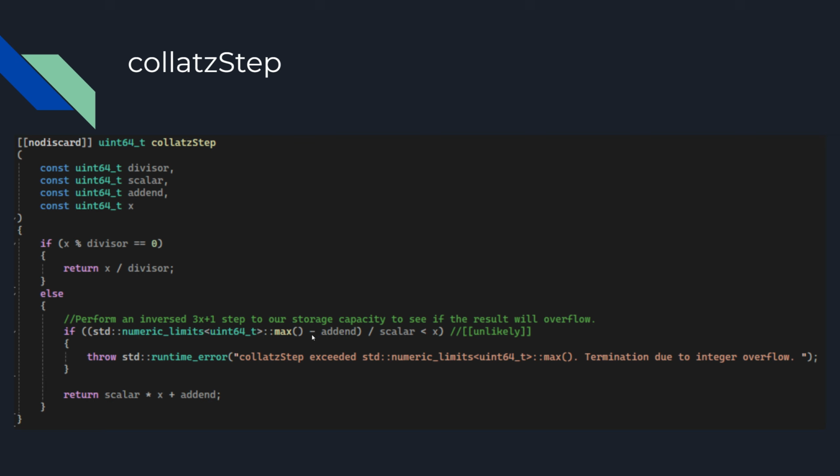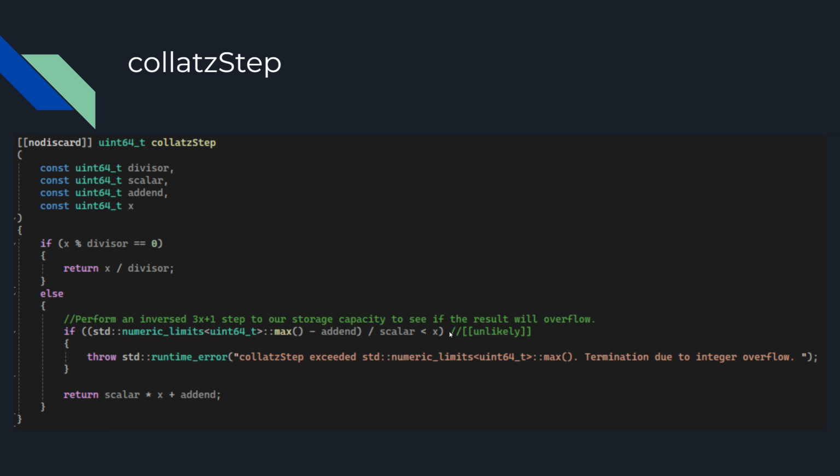So we subtract off 1 and then divide by 3 here, and then check if that whole thing is smaller than our input. If it is, then by performing that 3x plus 1 step, we're going to have an integer overflow. So the output is too large for us to represent with 64 bits, and that means we should probably throw a runtime error.